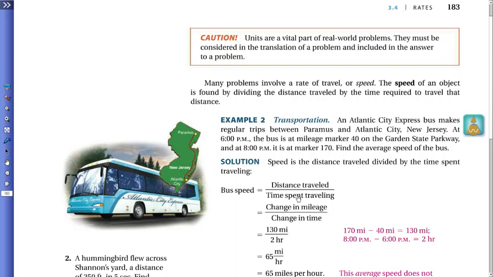So many problems involve rate of travel or speed. Speed of an object is found by dividing the distance traveled by the time required for that travel. And thus the speedometer, right? The speedometer is telling me not exactly how much time it's going to take me to travel.